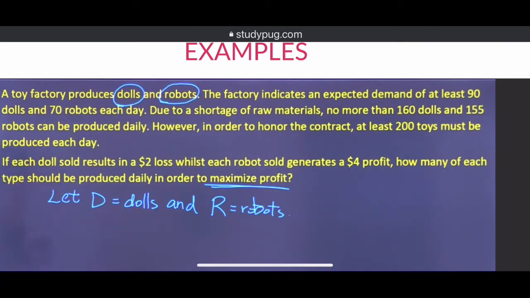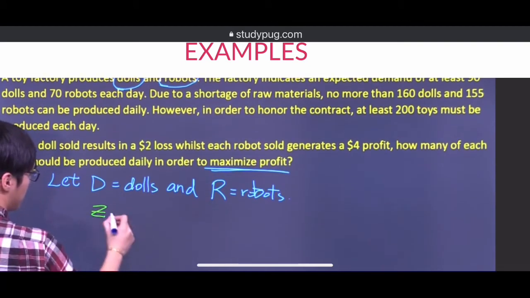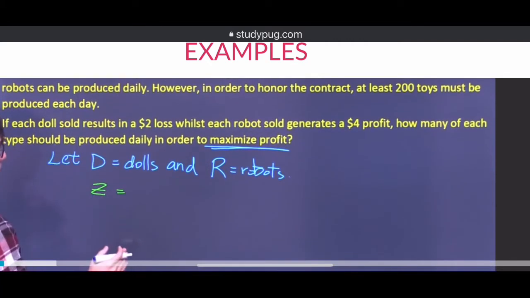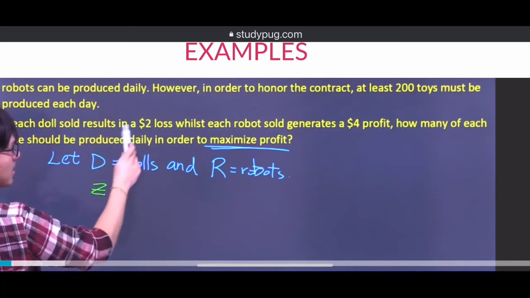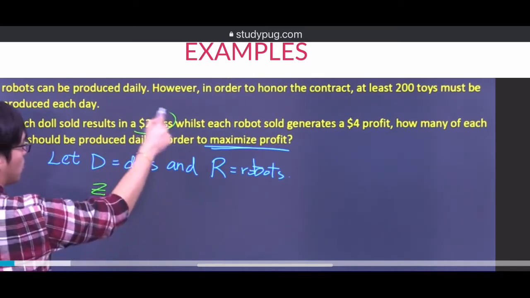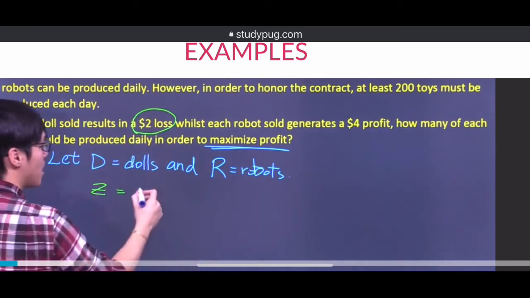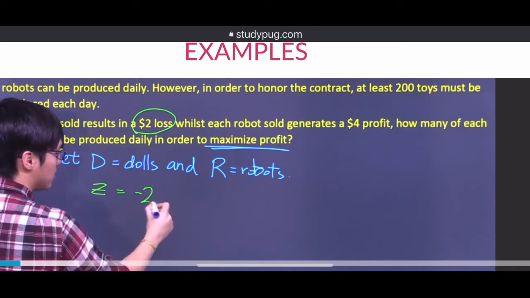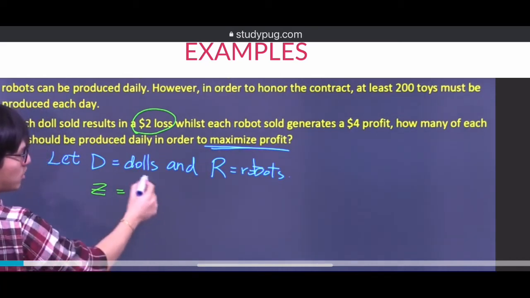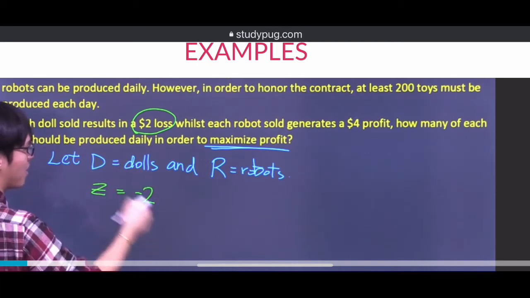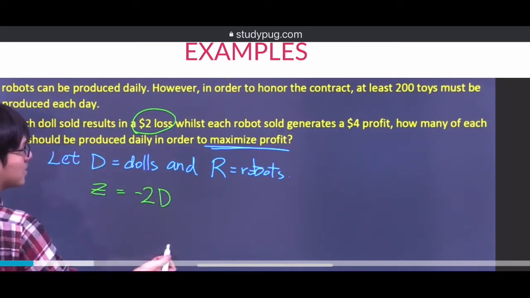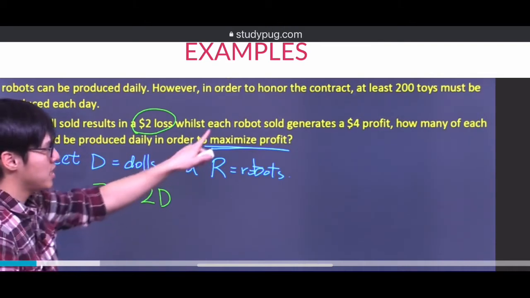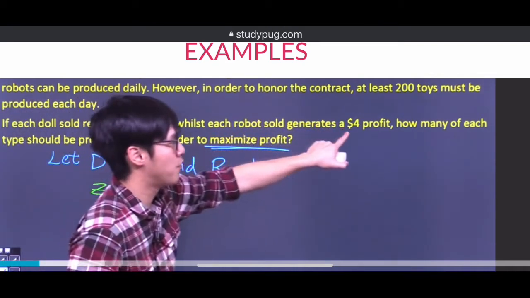What is their profit? Our profit, the main function denoted Z, that would be for each doll, okay? Each doll is a $2 loss, right? So when we're talking about loss, we will have -2. Lose $2 per doll, and we have D amount of dolls, so we have -2D. Okay? Next, for robots, each robot generates $4 profit.